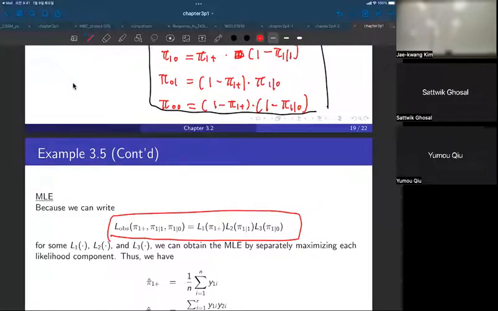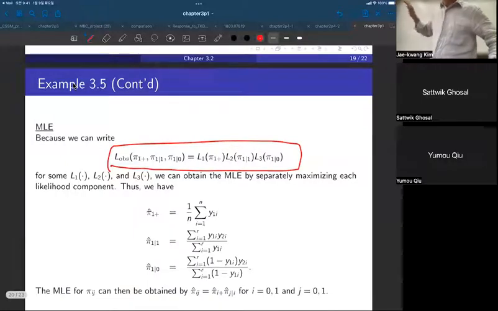Because of this factorization, the maximization is very easy. You can compute the MLE, and this is the result at the end of the day. Because it's a binary random variable with a binary distribution, the MLE is just a sample mean. Here, just a sample mean.